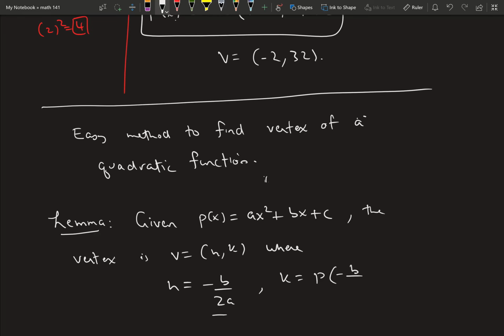Just negative b over 2a, that's an x value, right? So k must be p of negative b over 2a.